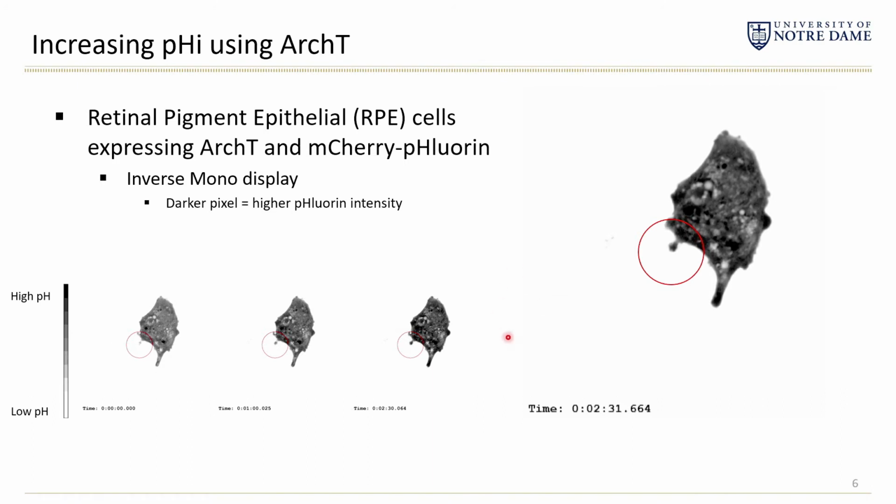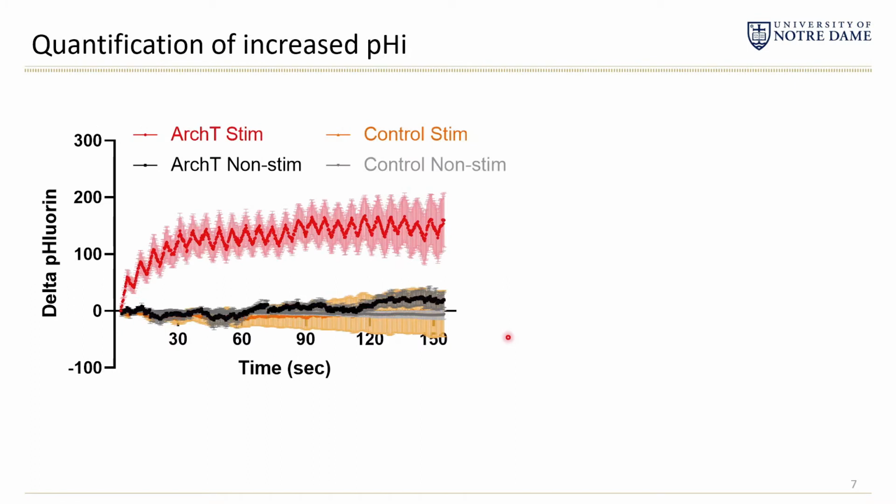So, we then used ArchT in more cells and quantified it, and that's what I'm showing you here. So you're looking at delta fluorine over time, and what you'll see here is ArchT stimulated cells shown in red, and our control cells are shown in the other colors. In this case, we have cells expressing only the mCherry-fluorine biosensor, shown in orange and light gray, and cells that express ArchT but are not stimulated in this darker gray.